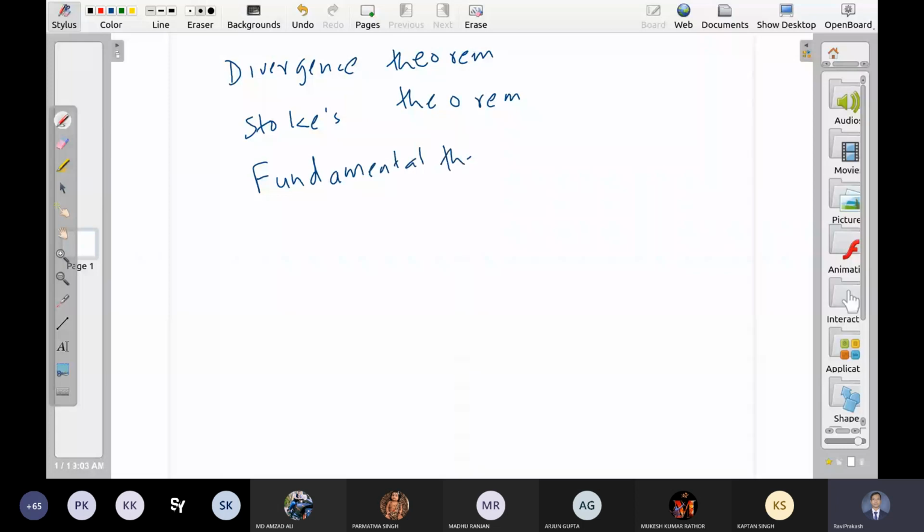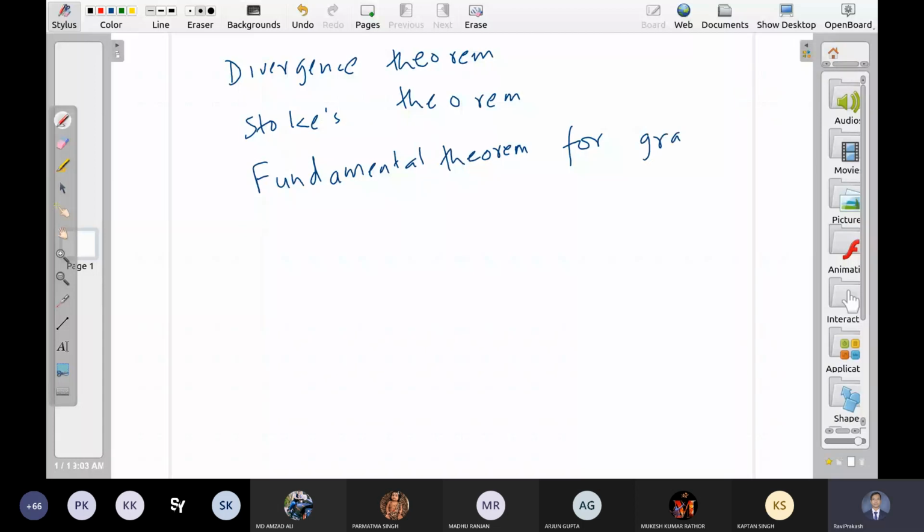I think this does not have any name. Yes, fundamental theorem for gradients. So we have already discussed divergence theorem, Stokes theorem.